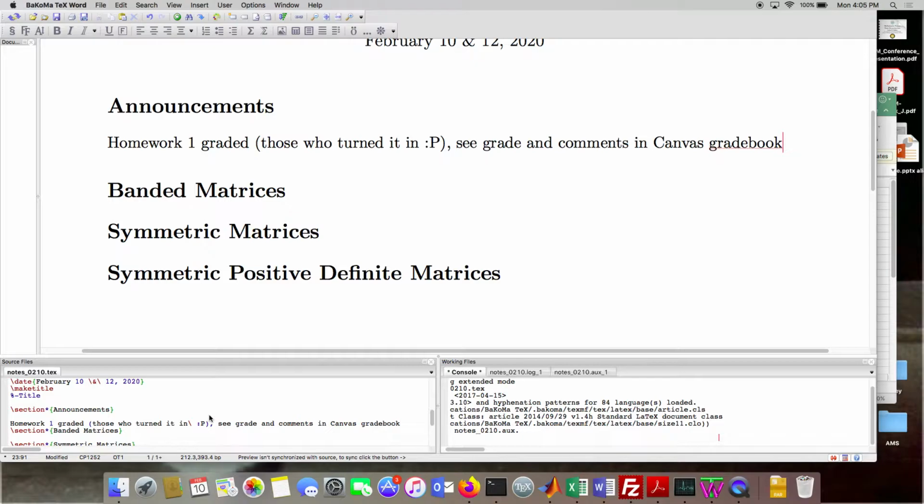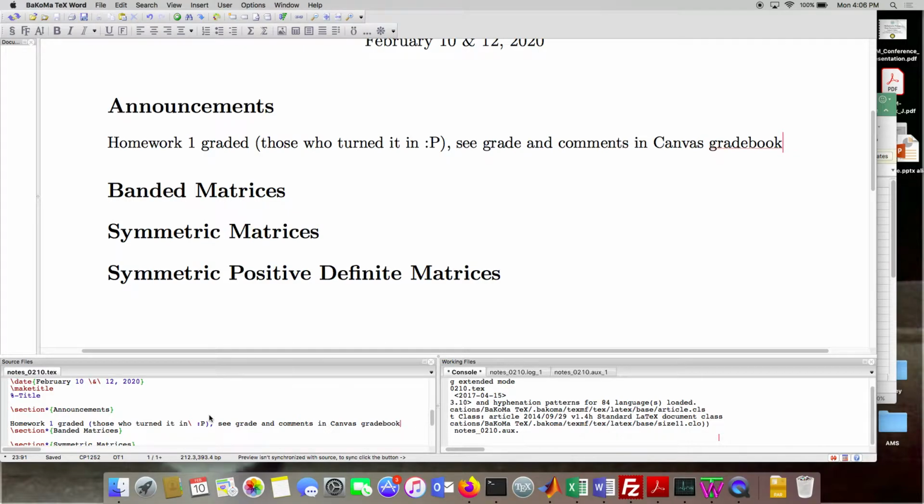You should have gotten some sort of notification, like an email from Canvas, depending on how you have your notifications set up. I think a couple people had not turned it in, so please rectify that so as not to fall further behind. All in all, they were in quite good shape. It's kind of surprising, most of the point deductions were on the very first problem about the diagonal system. I would not have expected that.